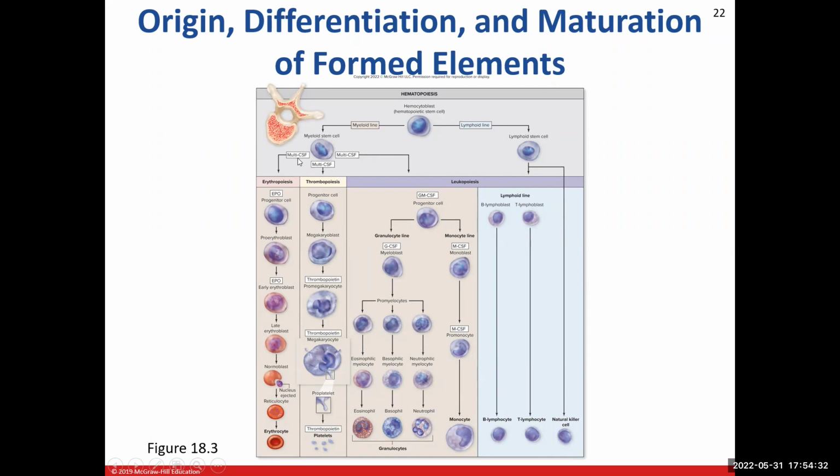But you can see here, these little boxes are telling you the colony stimulating factor. And they vary. Like I said, I will not require you to know which colony stimulating factor is going to produce what. You don't have to worry about that.